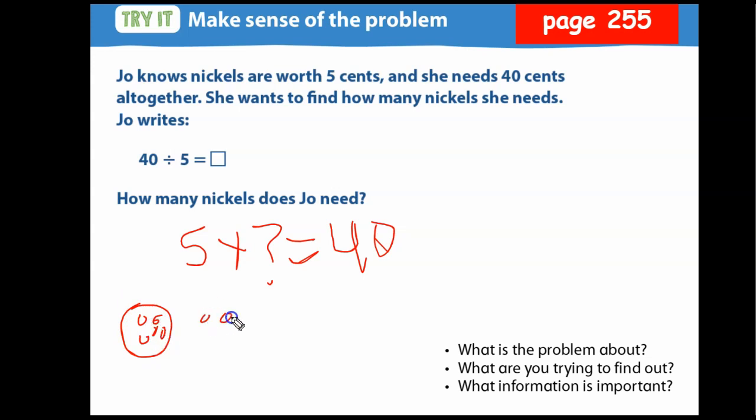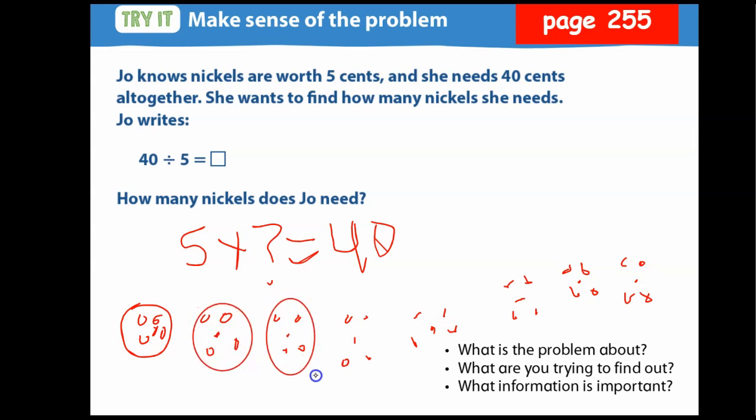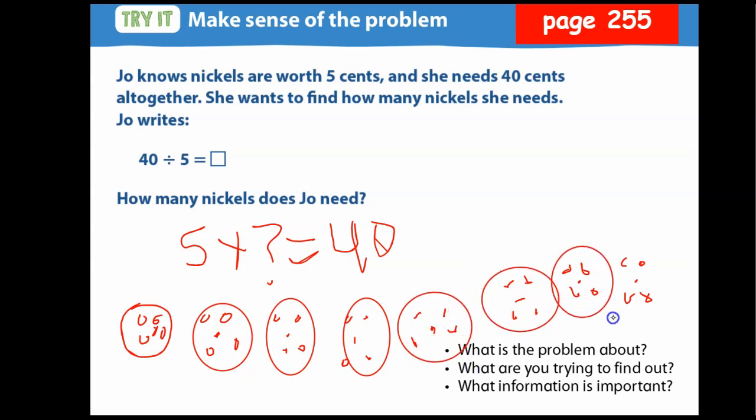That's 5, 10, 15, 20, 25, 30, 35, 40. And then see how many groups I have. That's 1, 2, 3, 4, 5, 6, 7, 8.